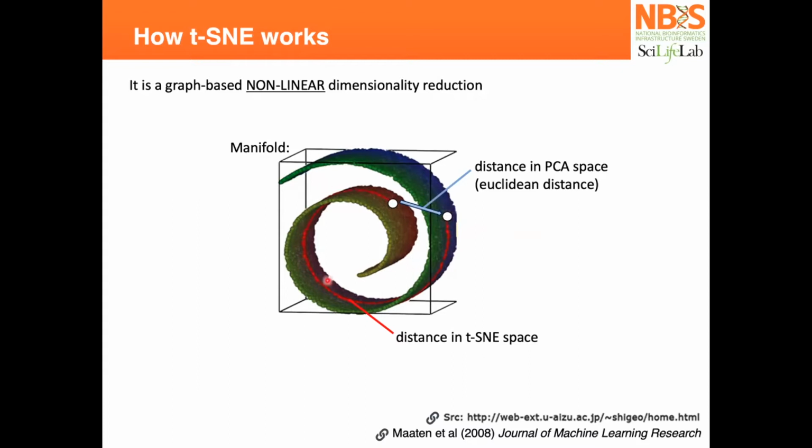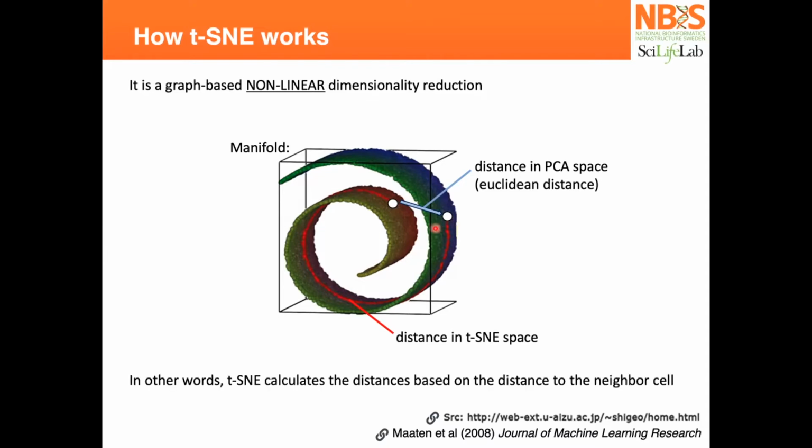So this will be the distance in the tSNE space. And that will differ a lot how you see the resolution of your data, how you can visualize that. And that's what we mean when we say that this is a non-linear dimensionality reduction technique. So in other words, tSNE calculates the distance based on the distances of the neighbor cells.